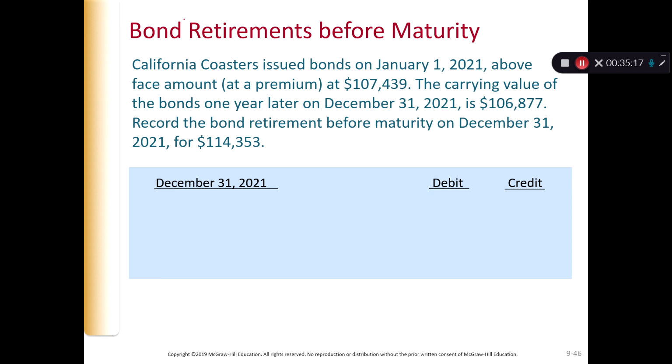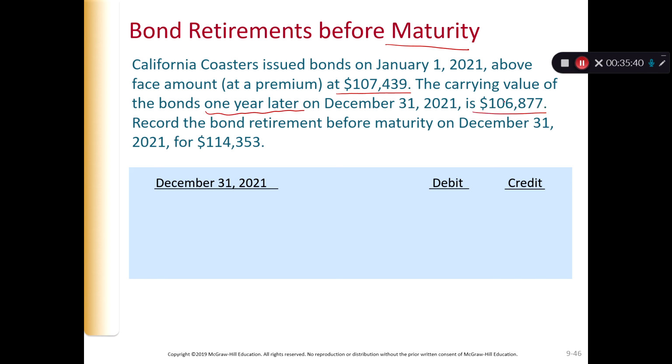Let's assume bond retirement before maturity. For example, California Coasters issued bonds on January 1st, 2021 above face value, at a premium of $107,439. The carrying value of the bond one year later, on December 31st, 2021, is reduced.